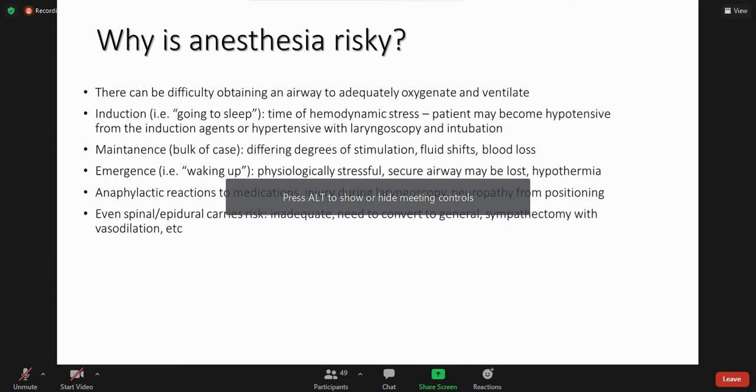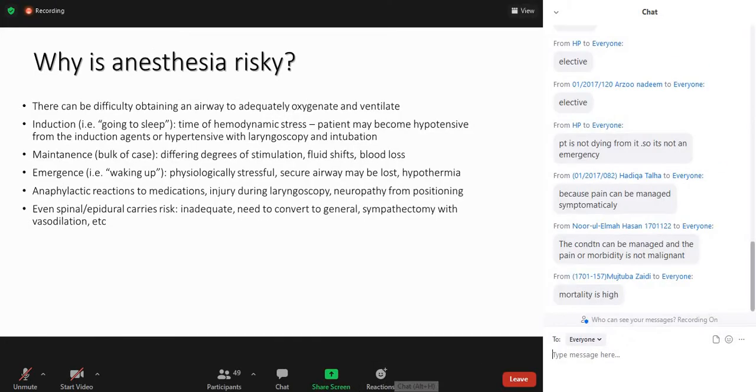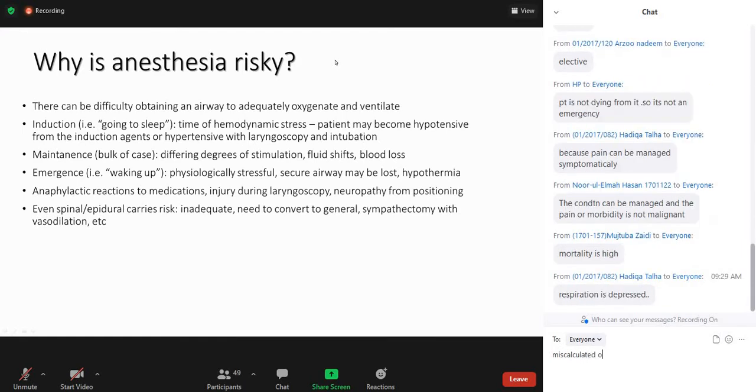So why is anesthesia risky? Anyone? Why do we tell the patients, why do others tell the patient that it's not the surgery which is the main risk, anesthesia is the main risk? Why is that? Anyone?